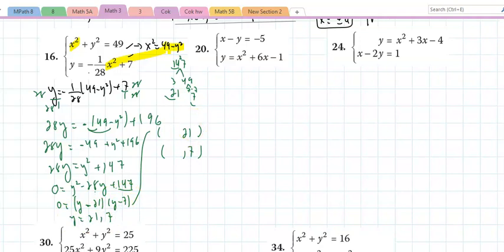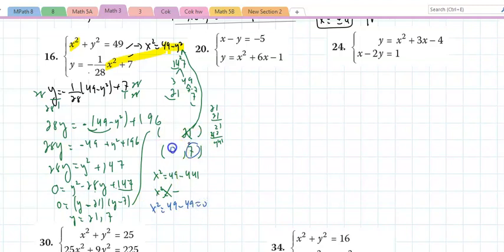If y equals 21, I could go back and figure things out. I'll get x squared equals 49 minus 21 squared. What's 21 squared? 441. x squared would be a negative number. No solution. How about if y equals 7? Then x squared equals 49 minus 49, which is 0. So I only get one solution.